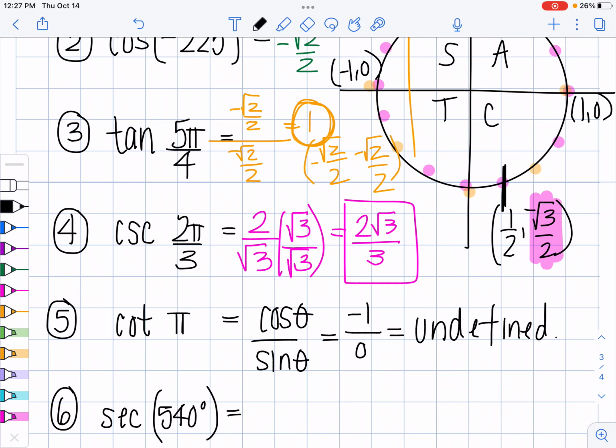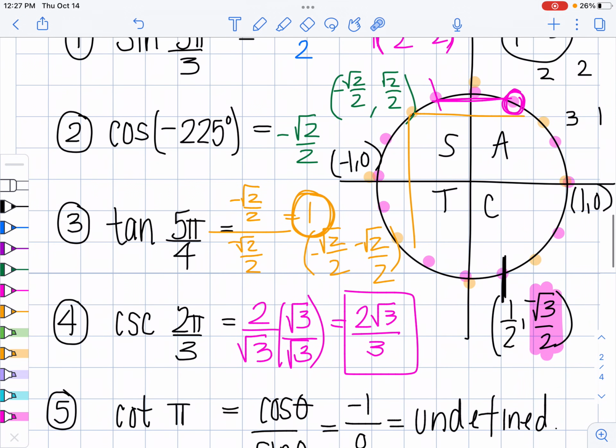Because it's over 360, I can say 540 and take away 360, and that gives me the same as 180. I could also literally just count around my unit circle if you didn't have a calculator handy. You just say, okay, I'm at 360 all the way around, and then I'm going to count by 30 degrees. 360, 390, 410, 440, and go around that way, okay?